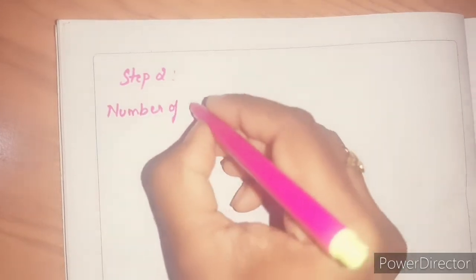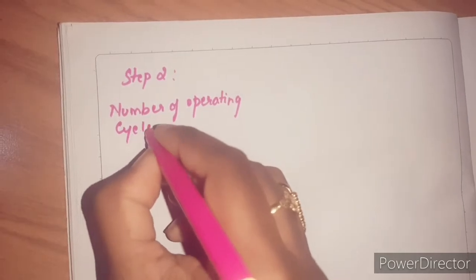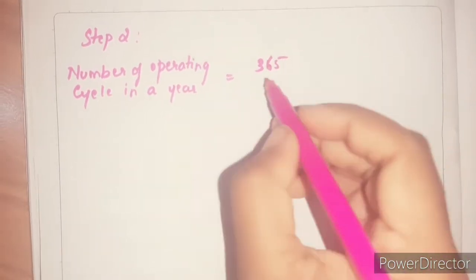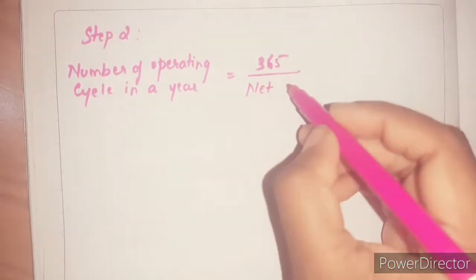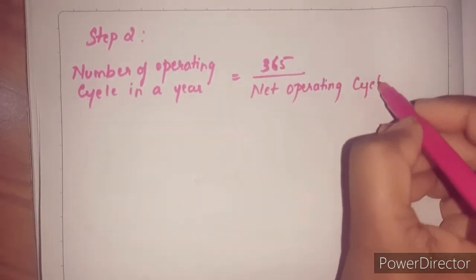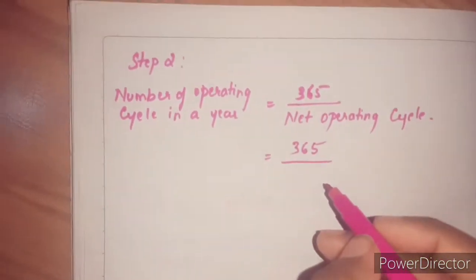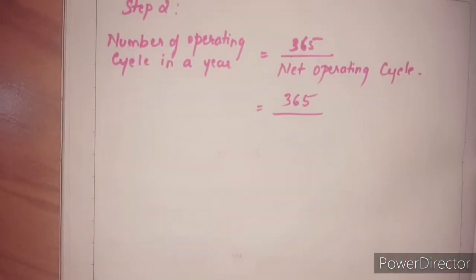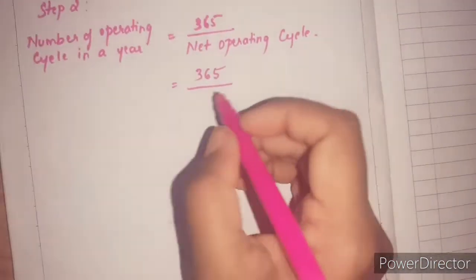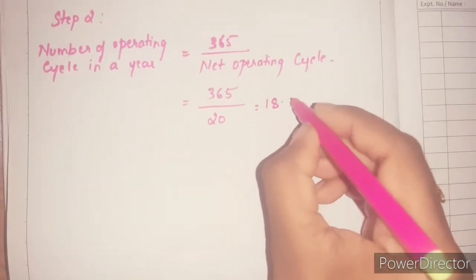Number of operating cycles in a year is 365 divided by net operating cycle, that is, in a year we consider 365 days divided by net operating cycle. Net operating cycle is 20, that is equal to 18.25.